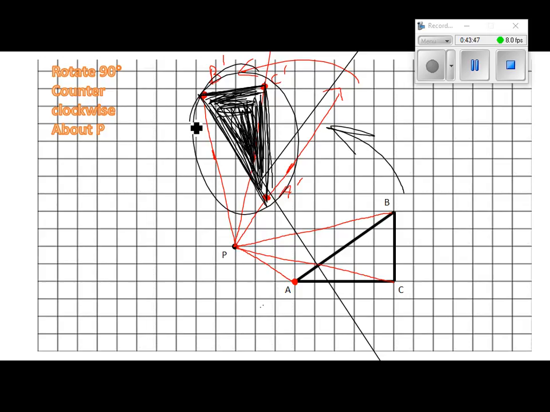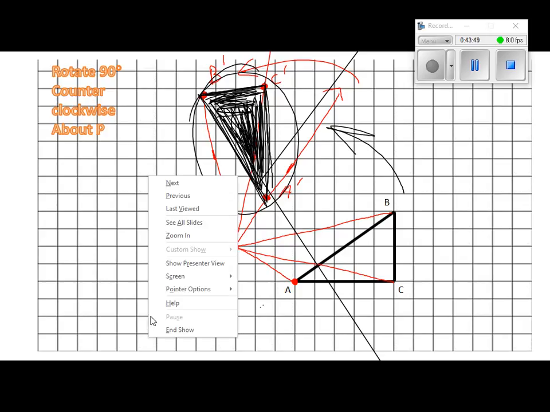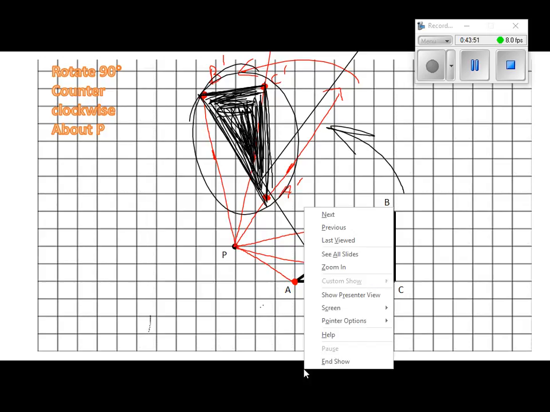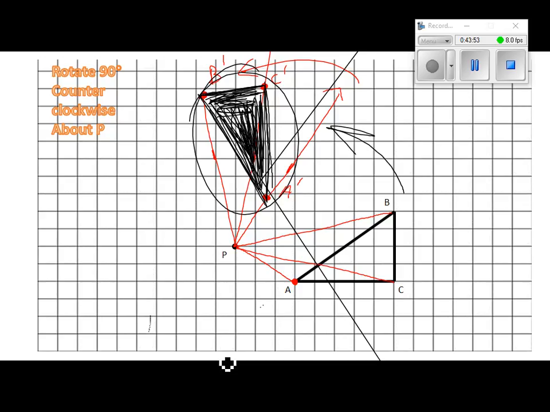Where's it longer? From what to what? A to B? A prime to B prime. 13 and a half inches. No, 13 and a half, 13 and a quarter, somewhere around there.